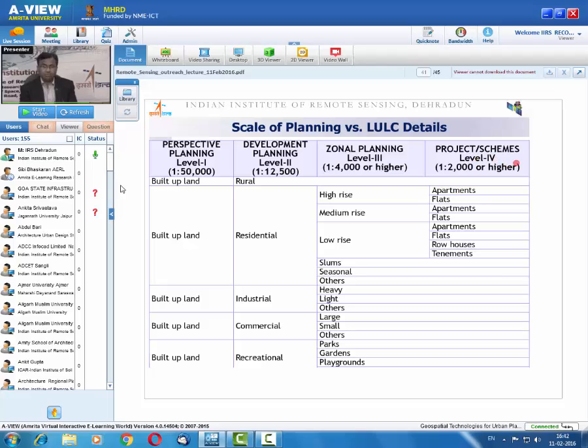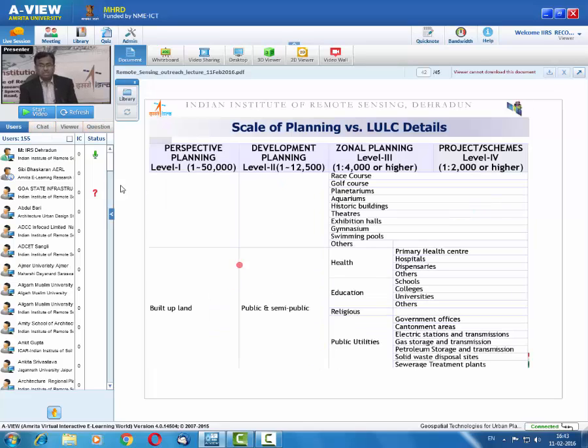Further, when you go for a project or specific site plan, then all this built up area will be further subcategorized into apartments, apartment flats, row houses and tenements. So this way, as you move further, the information content increases and the level of detail increases, but please mind that you also require correspondingly matching satellite data.